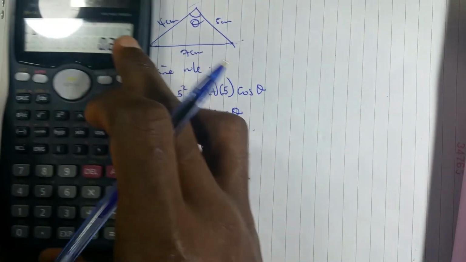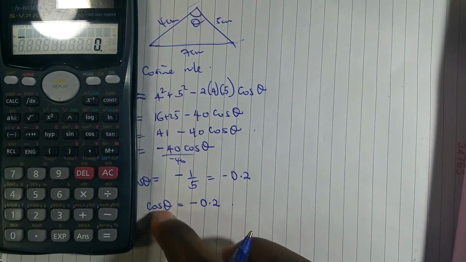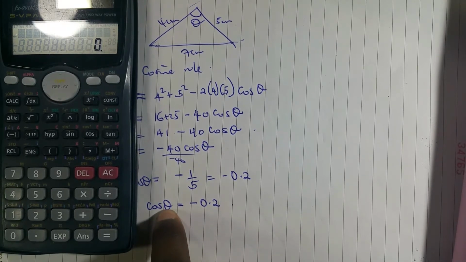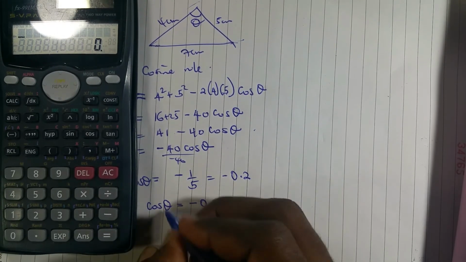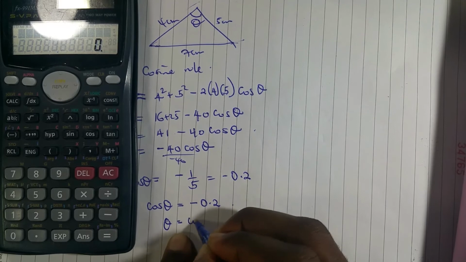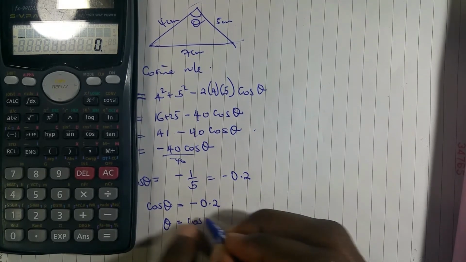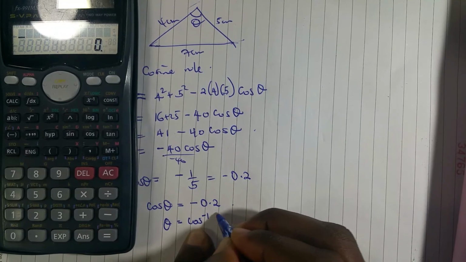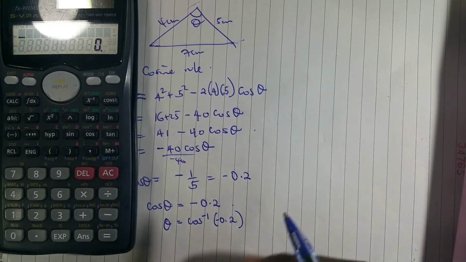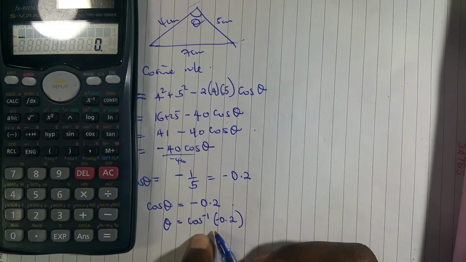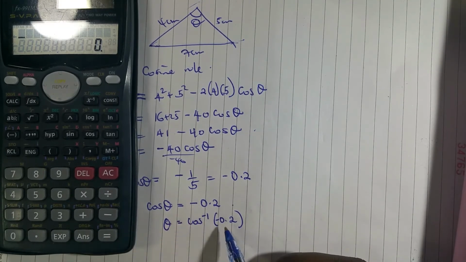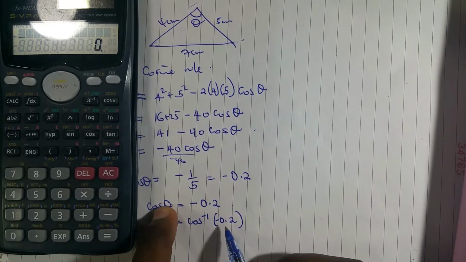When we have a cos of an angle giving you a number, and you want to get the angle, you are going to get the inverse cos of that number. I'm going to show you how you're going to press it on the calculator. And also remember, this is the same as the arc cos of the number. So you get that angle by getting the arc cos of the number that the trig ratio of that angle was giving.